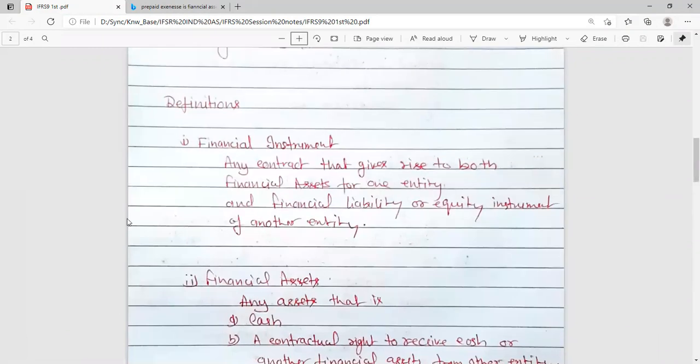The financial instrument definition is any contract that gives rise to both, which means it is a financial asset for one entity and a financial liability or equity instrument for another entity. Aren't all transactions like this only? Or am I missing anything?